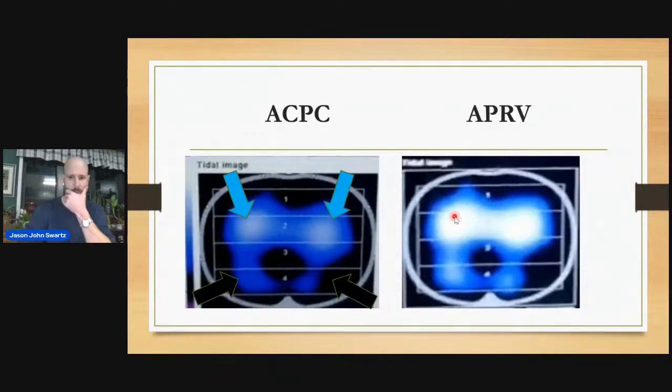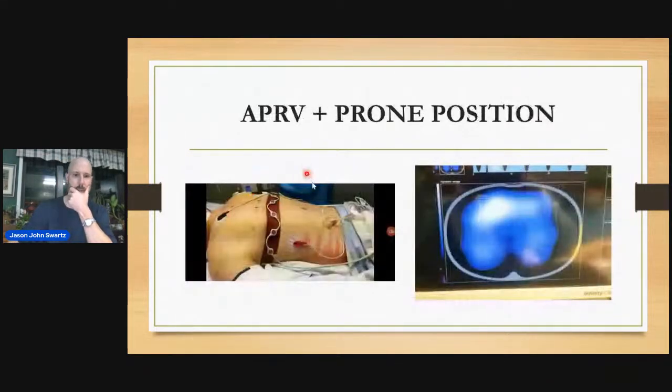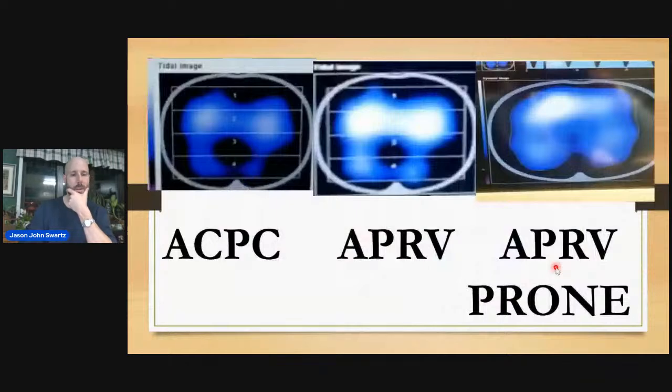I should take off all these arrows. So here's the picture, APRV prone patient here, put the belt, and this is the beautiful distribution after it. So we have ACPC, then we have APRV, didn't do the trick. And then we said, well, let's do APRV prone. But all of this was guided with the electrical impedance tomography.